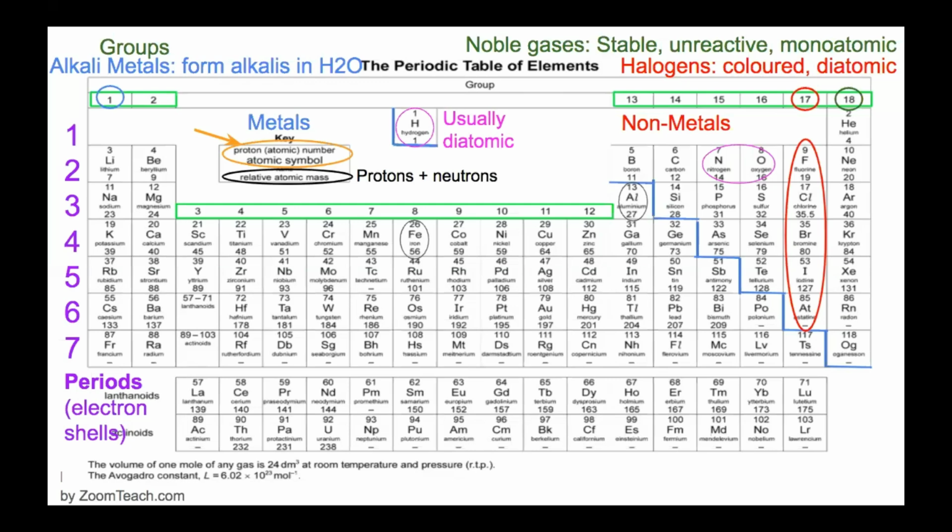So an aluminum atom would have 13 protons and 14 neutrons. And for iron, if we use the same method, iron would have 26 protons, also 26 electrons. And to find number of neutrons, take 56 minus 26. Find that this iron atom, according to the periodic table, would have 30 neutrons.